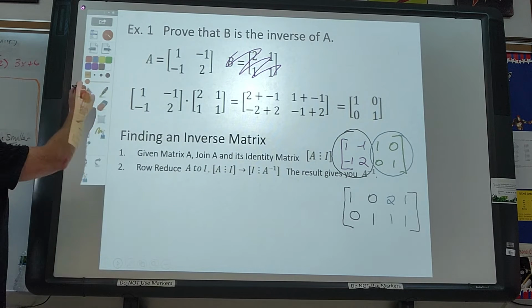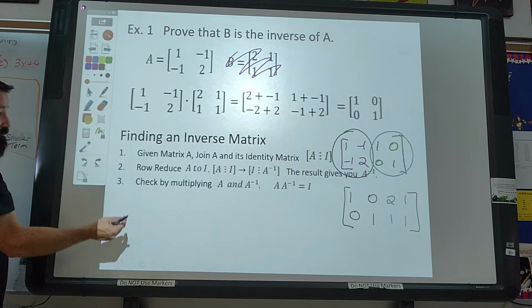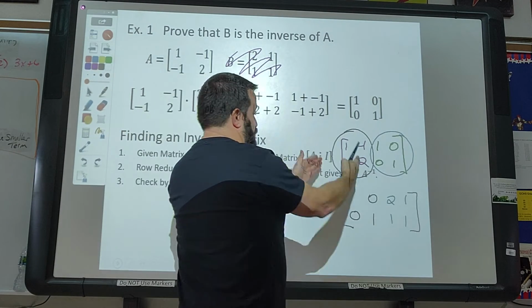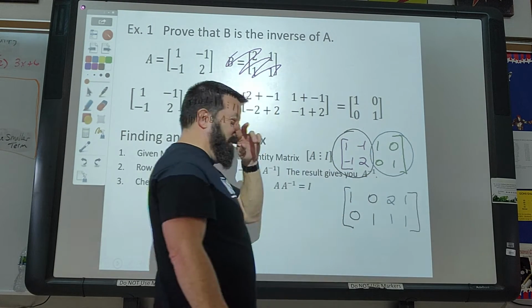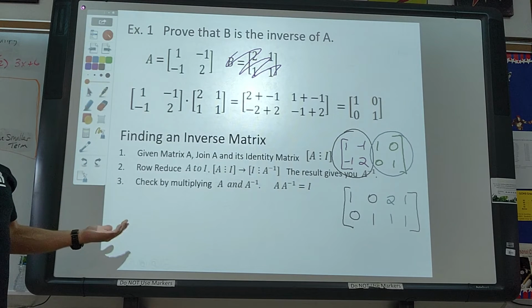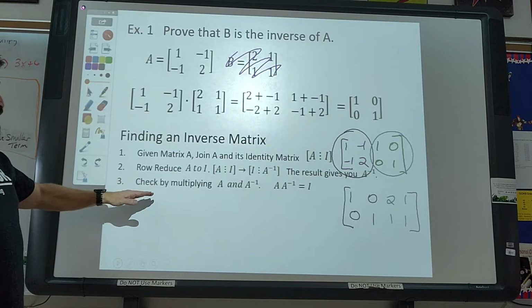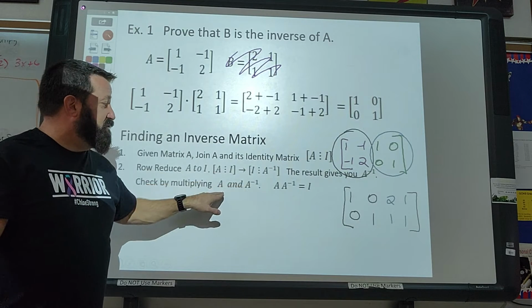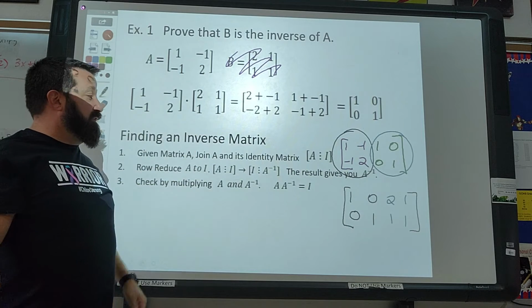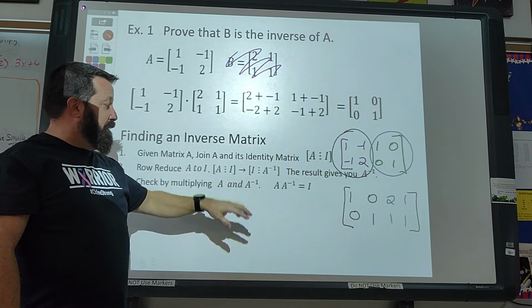So by switching the left side into the identity matrix, the right side becomes the inverse of the original matrix. And then if you want to verify that it actually works, you would check by multiplying the two matrices together, like we did in example number 1, to prove that they are actually inverses.